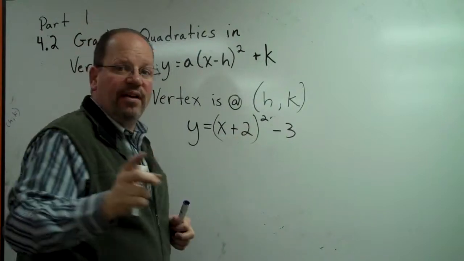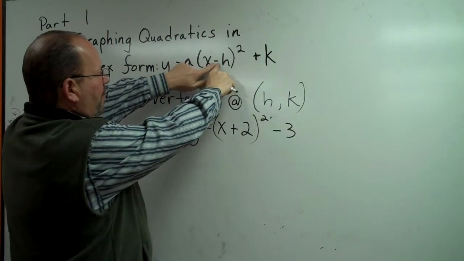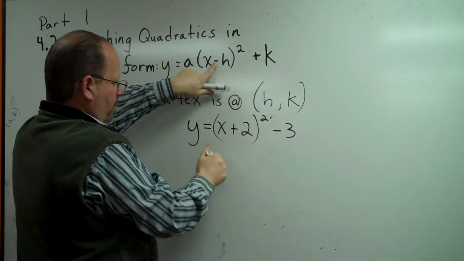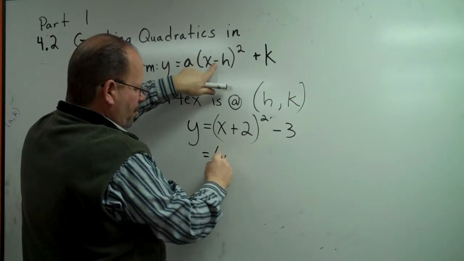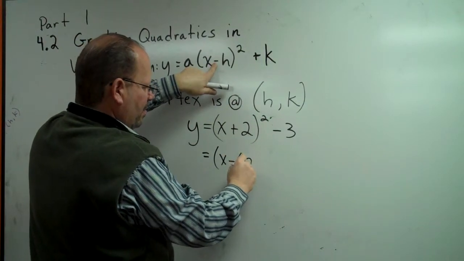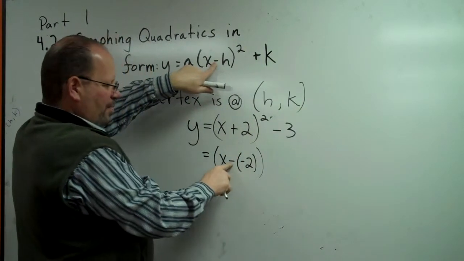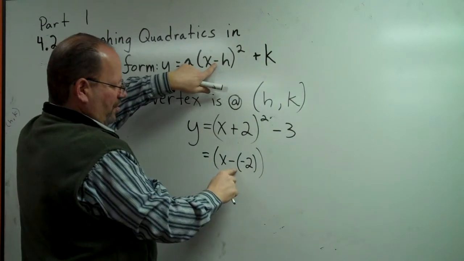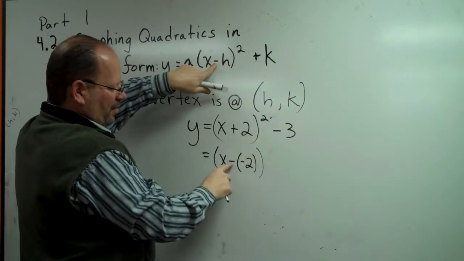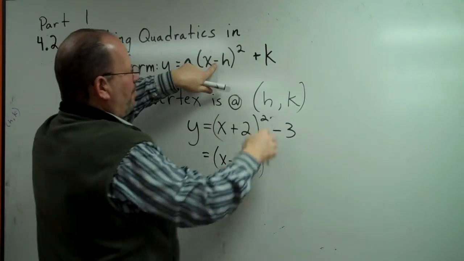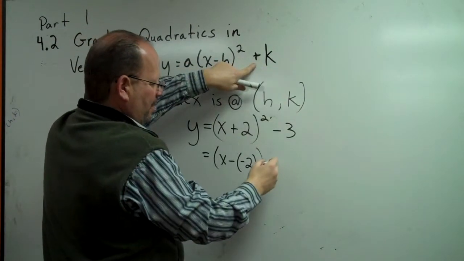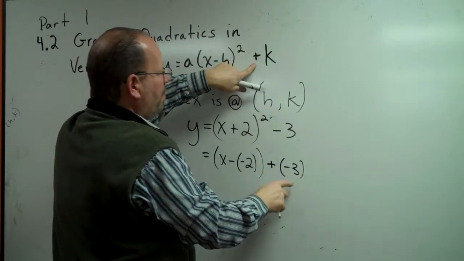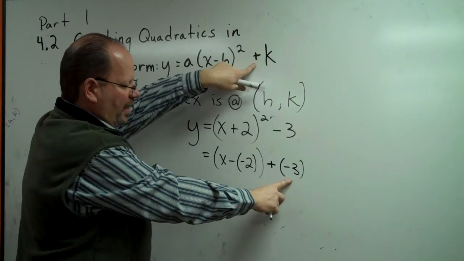Now here's a very common mistake. This says minus h, and this says plus 2. If we want to know what that point is, it has to be what we're subtracting, minus h. Plus a positive is the same as minus a negative. Plus k, same thing, opportunity for mistake.